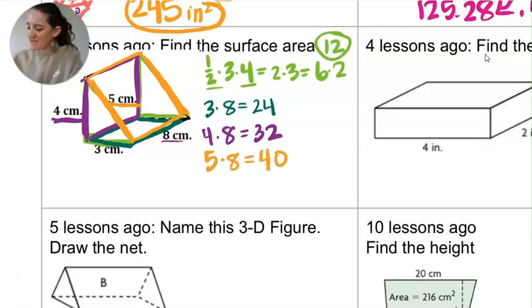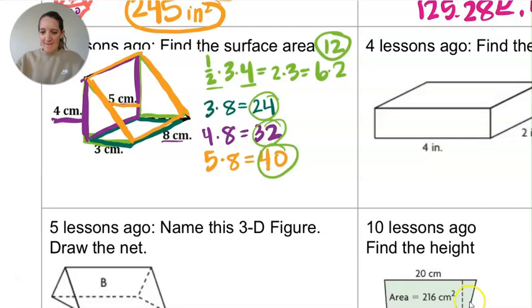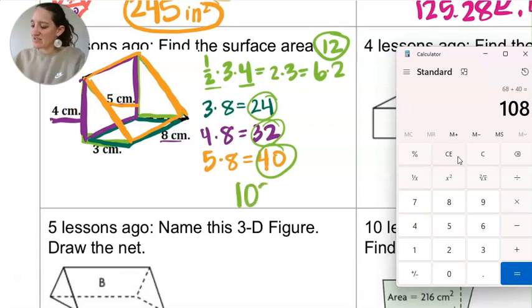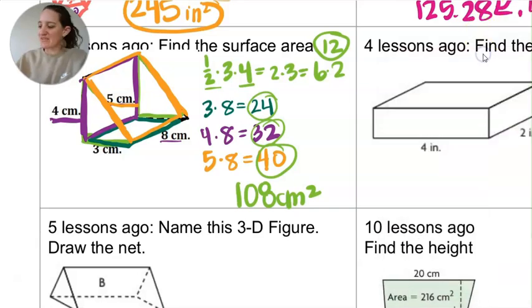Okay, so now I'm going to add up all of these areas, all of the areas from all the different kind of faces that you see, plus the bases. And that will give me 108 centimeters squared.